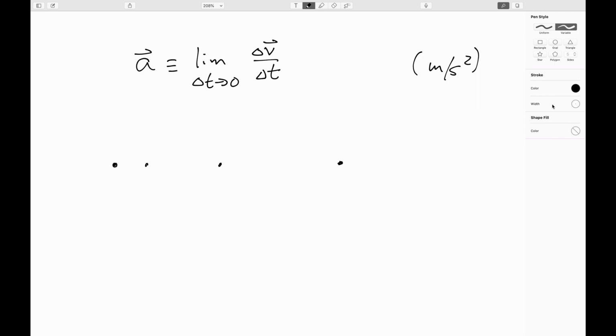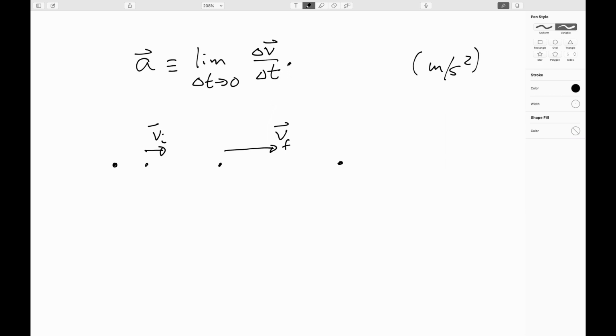Now here, as the car speeds up, let's just pick two velocities, say here, we'll call that our v initial, and here, we'll call that our v final. Now here we know that the acceleration will always have to point in the same direction as the change in the velocity.